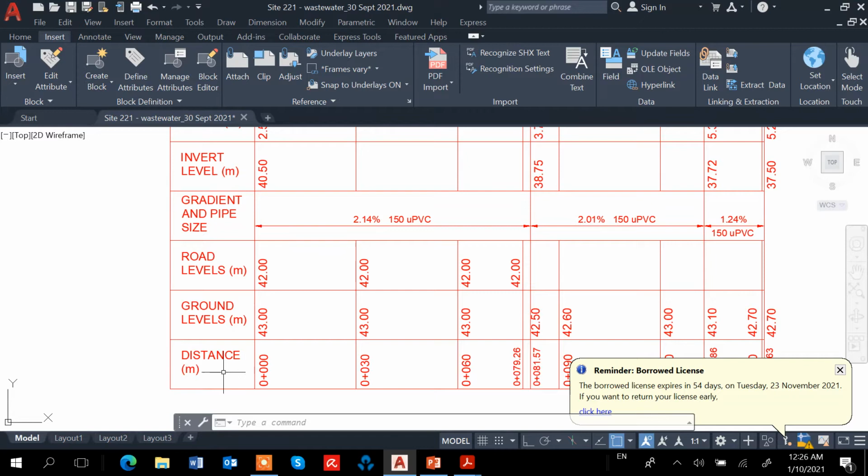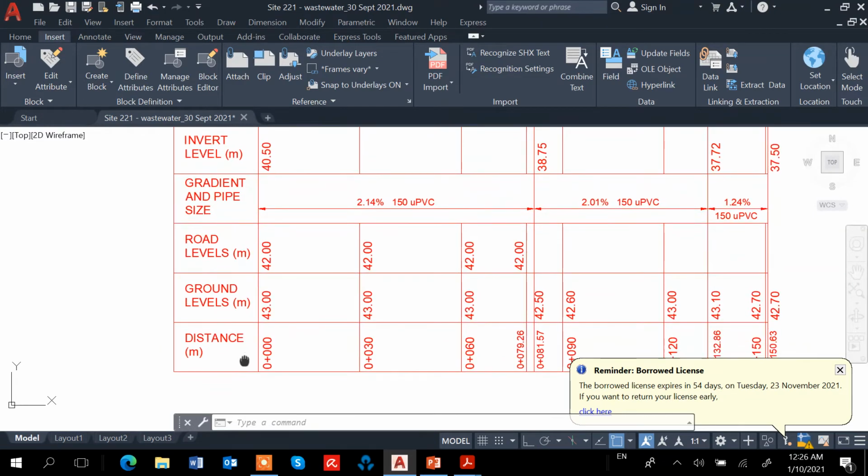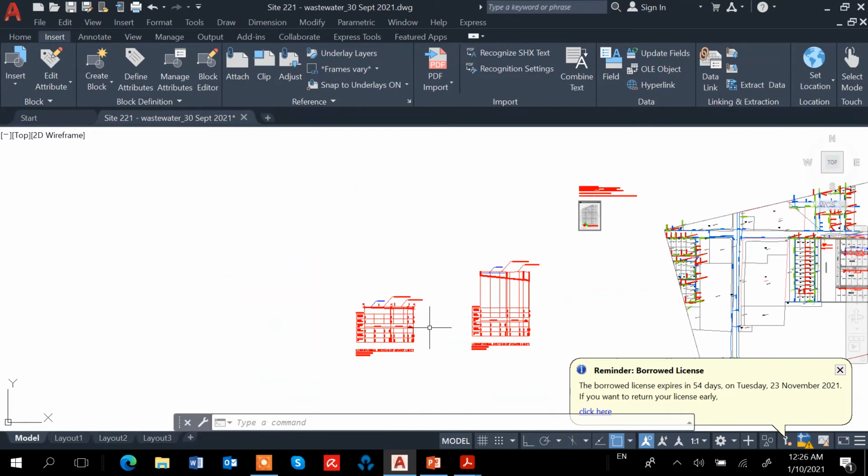Here we don't use the chainage, we use a distance, because chainage we only use along the road. This one goes over the boundary even, so we use the distance. We measure starting from manhole one.